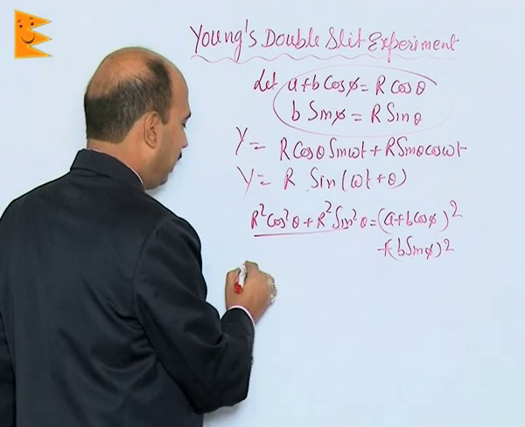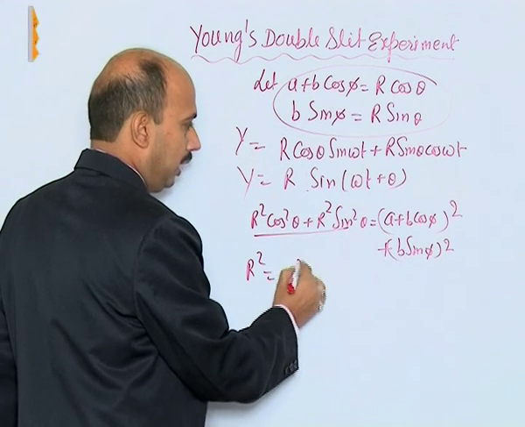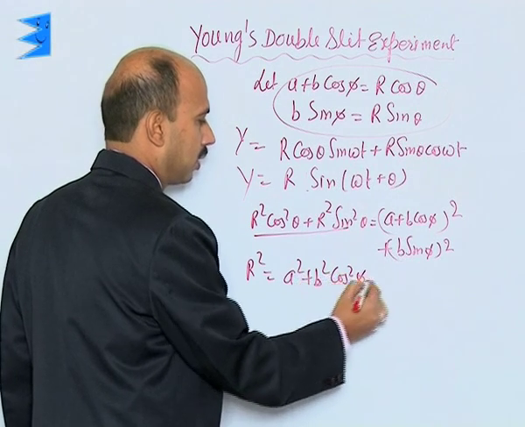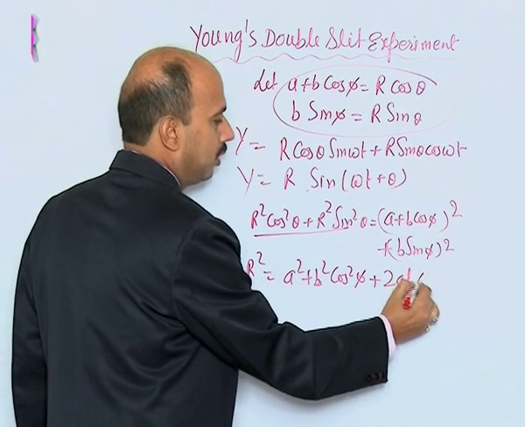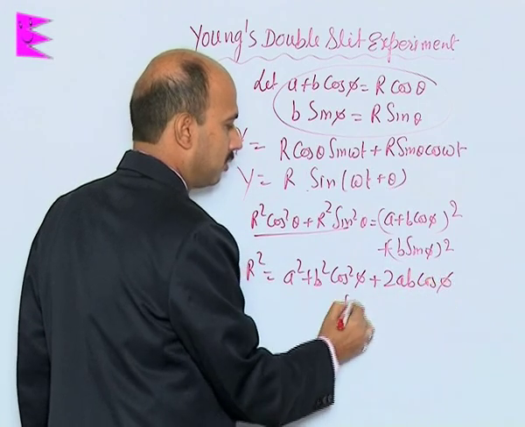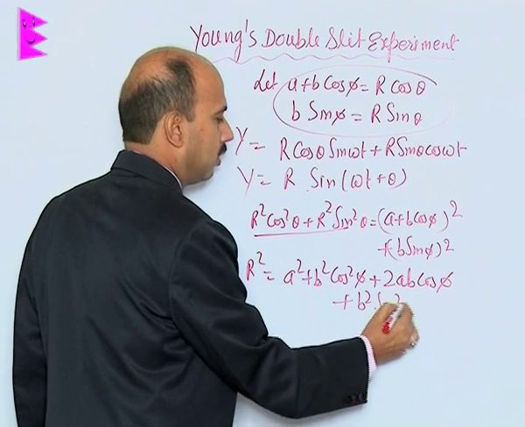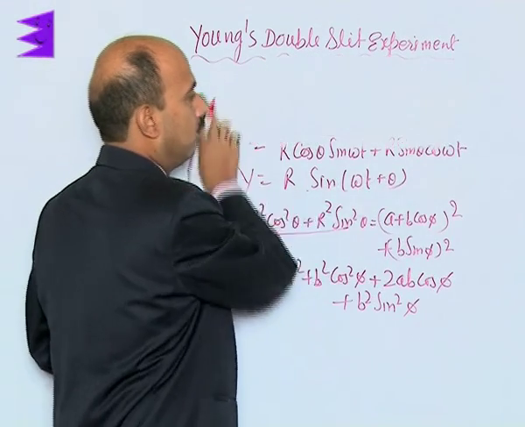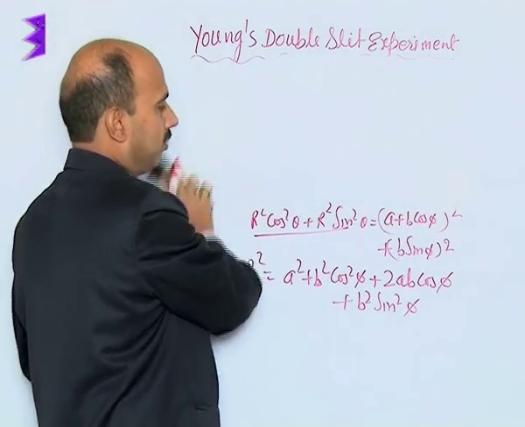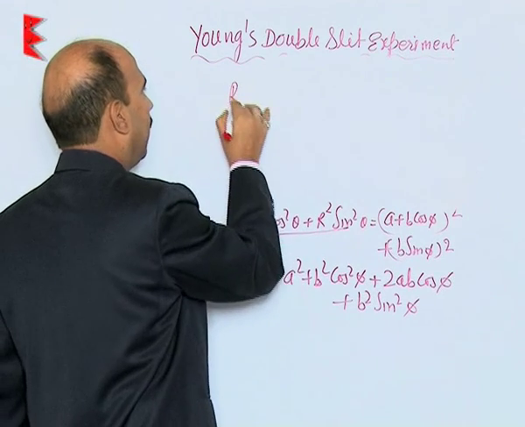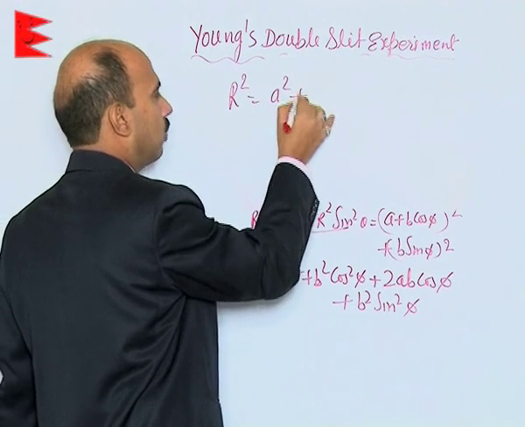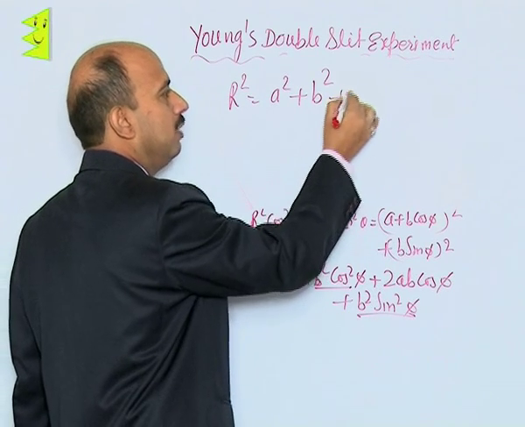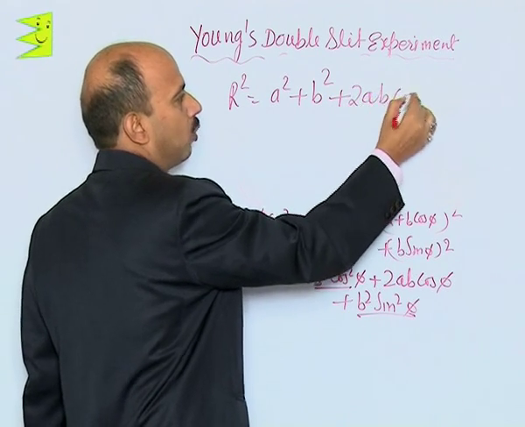Here r square is equal to a square plus b square cos square phi plus 2ab cos phi plus b square sin square phi. Now we can write the simple form: r square is equal to a square plus b square, since cos square phi and sin square phi add to one, plus 2ab cos phi.